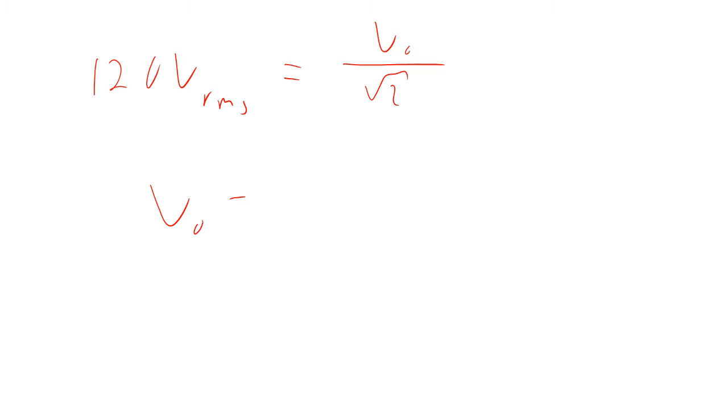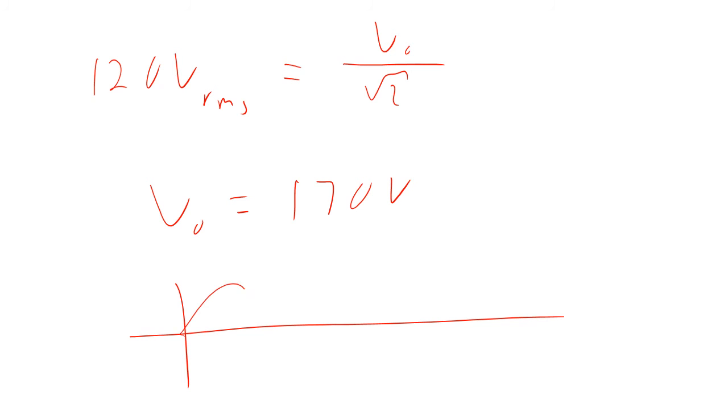That means the amplitude of the voltage in your house is going to be equal to 170 volts. So if you make a graph of the voltage in your house, it goes from 170 volts to minus 170 volts, and it does that 60 times a second. And so what we would say is it averages 120.